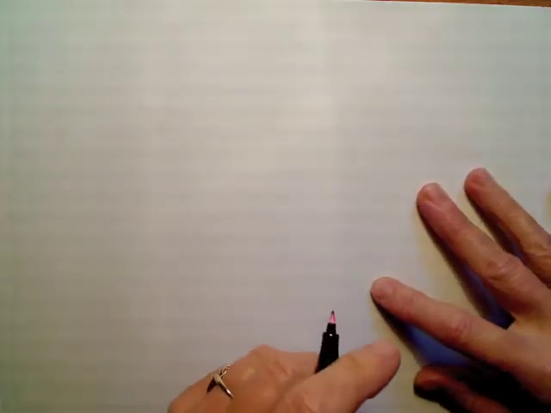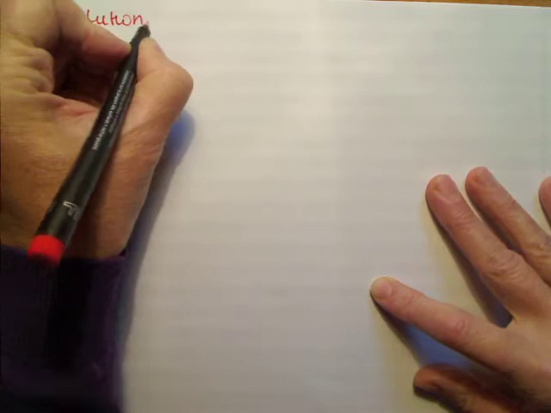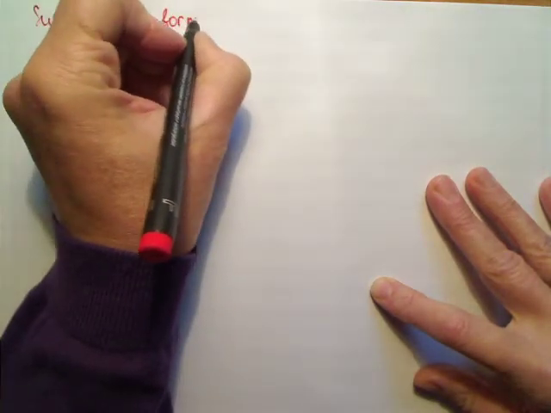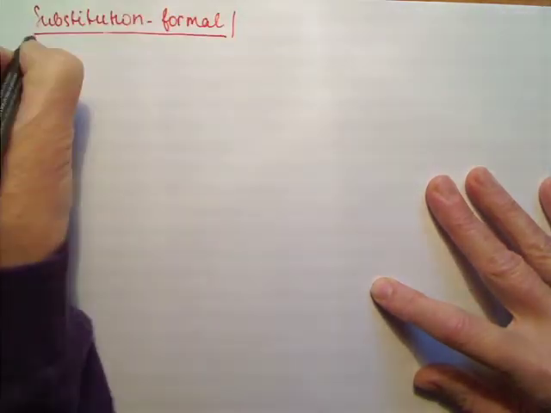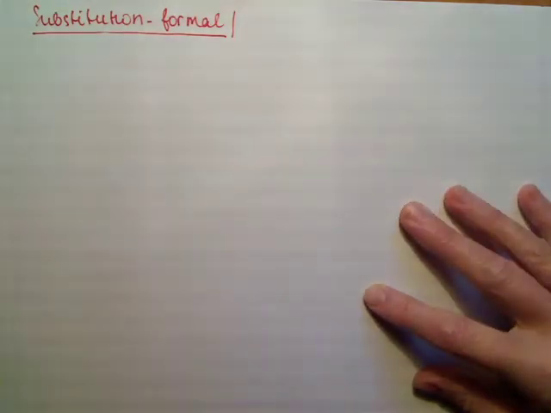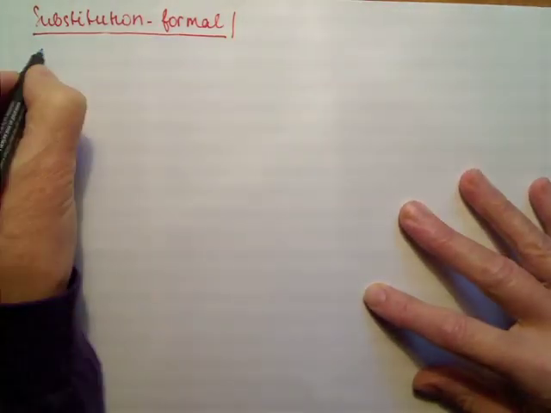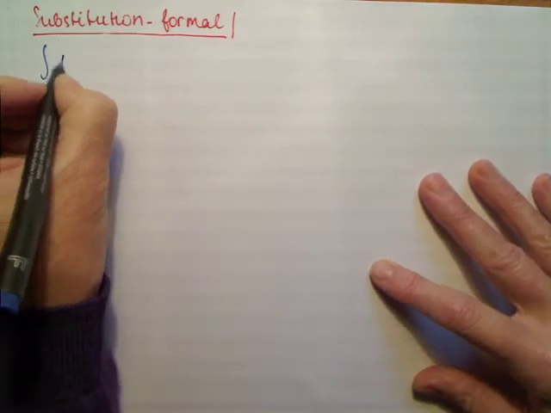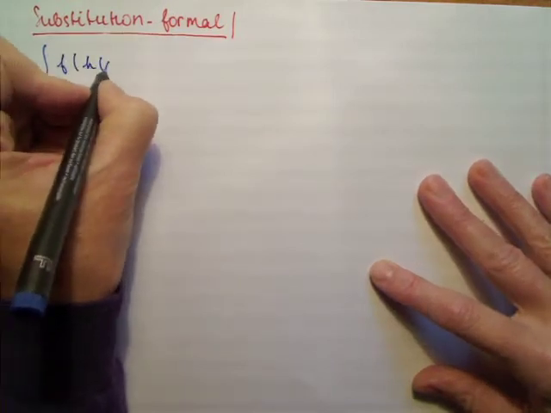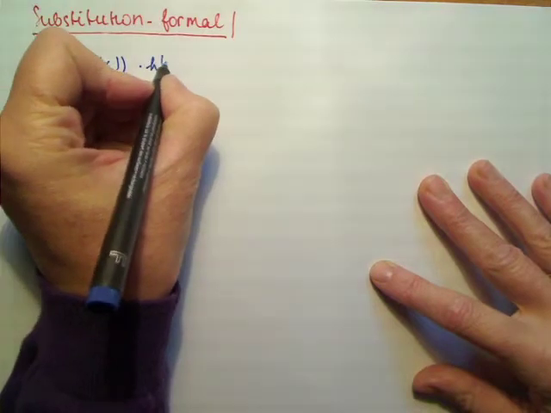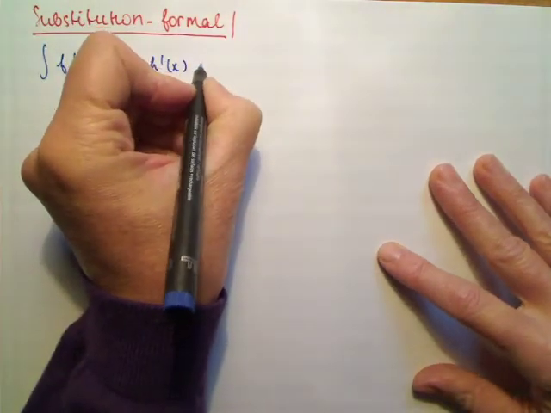So what we did in our previous video was to consider the substitution technique as a sort of recognition problem. In this video we will take a more formal approach and we will consider the problem of computing the primitive of the function little f of a function h of x multiplied by the derivative of this function h of x.